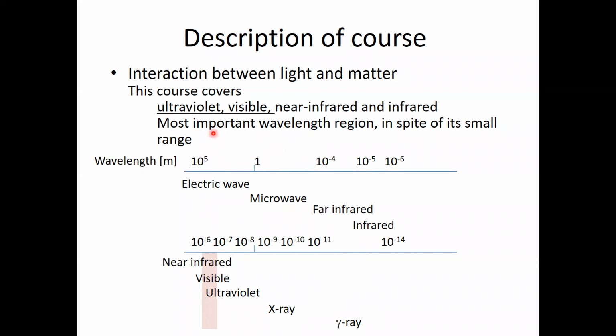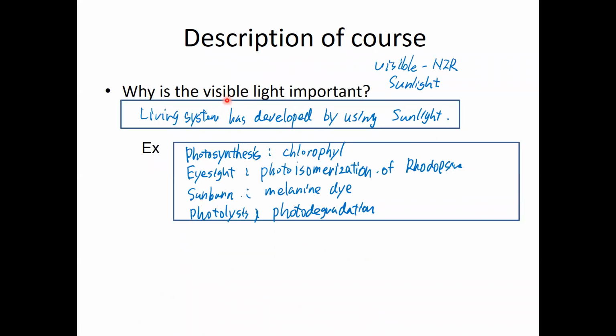However, in spite of this small range, it is the most important wavelength range. So why is visible light so important?